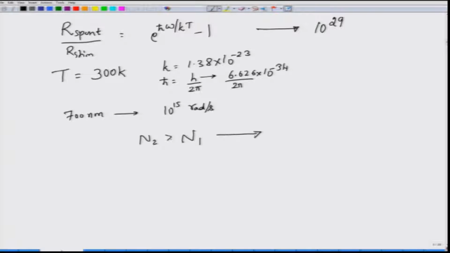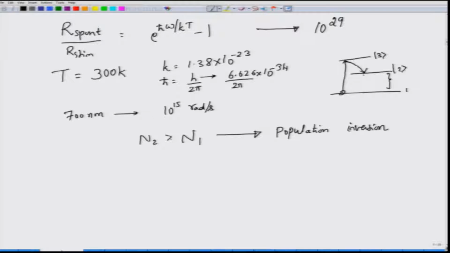This phenomenon where N2 is larger than N1, if you recall, is known as population inversion. Strictly speaking, population inversion does not happen in a 2-level laser. You actually need a 3-level laser. First, atoms have to be brought into the 3rd level, from the 3rd level they go to the 2nd level, and population inversion is created between level 1 and level 2.